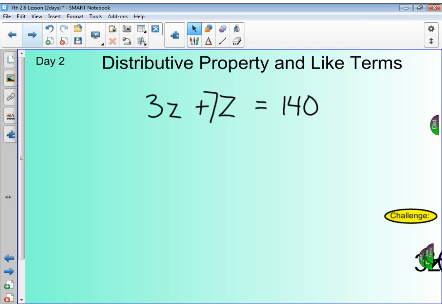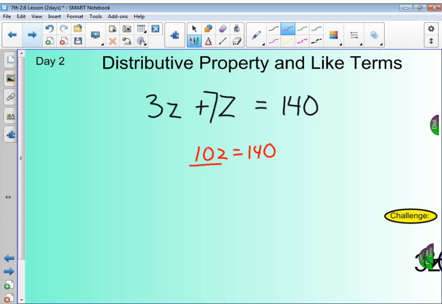Go ahead and work through this one. You should have gotten z equals 14.